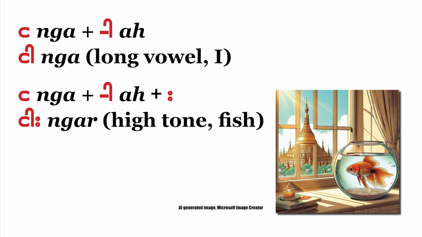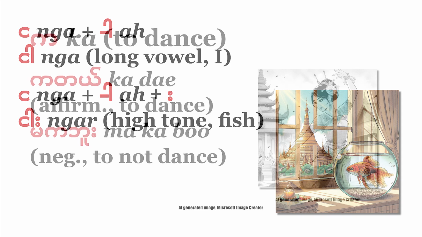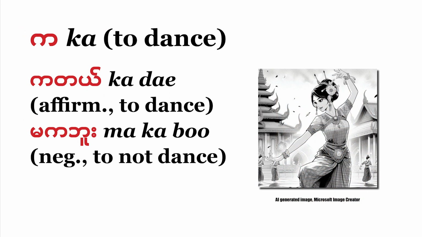Alright, let's try writing some other words with what you've already learned. Take nga and then add yecha, and that will be pronounced nga, the longer sustained tone. And now, if you add wasabout, or the two dots, it becomes nga, the word for fish. By the way, words without any diacritics in Burmese can still have meanings.